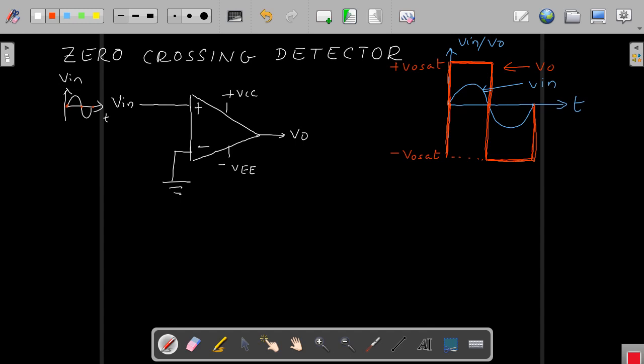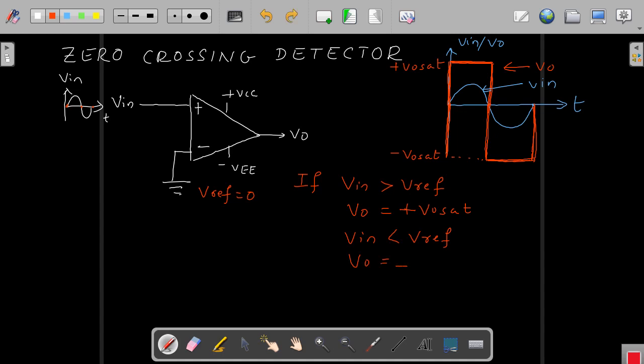So if V in is greater than V reference, in this case my V reference is 0, V0 is equal to plus V0 sat. If your V in is less than V reference, or in this case less than 0, your V0 is equal to minus V0 sat.